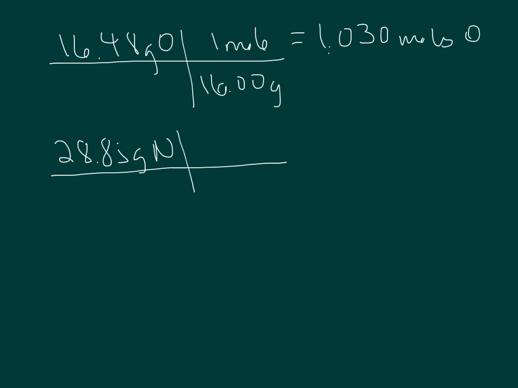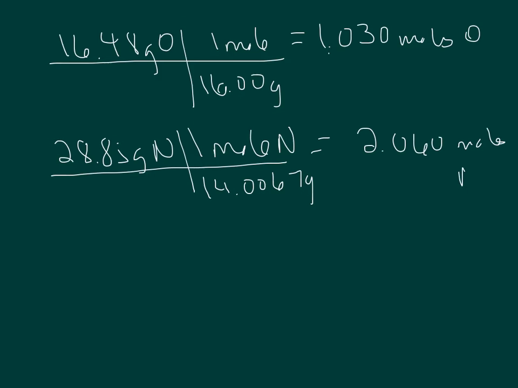And we're going to divide that by the molar mass of nitrogen. And then we will know the moles of nitrogen, which is 2.060 moles of nitrogen. Now, it's really important that you keep your significant figures through all this. Okay, then we look to see which one has the lowest amount, so we can make our ratios. The lowest amount is with the oxygen. So we're going to have oxygen always on the bottom.